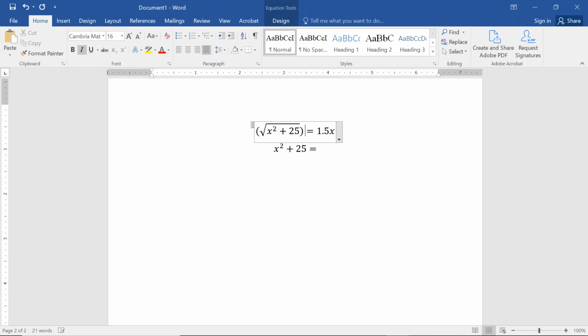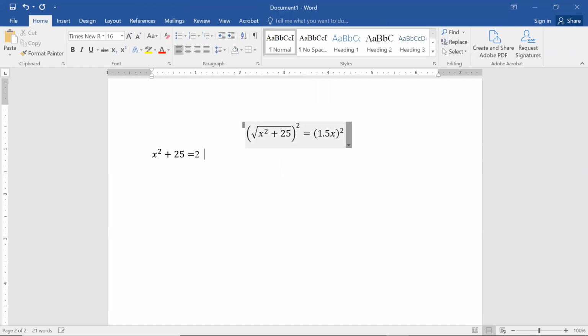We take that, square the left-hand side, take that, square the right-hand side. And on the right-hand side, 1.5 squared is 2.25. And then the x becomes squared.